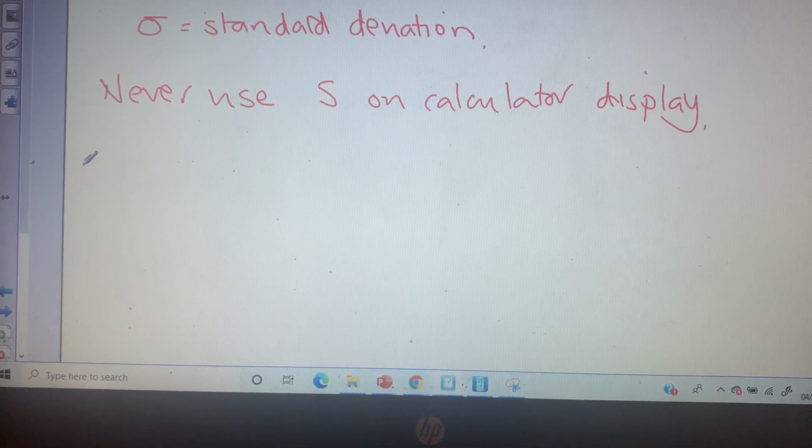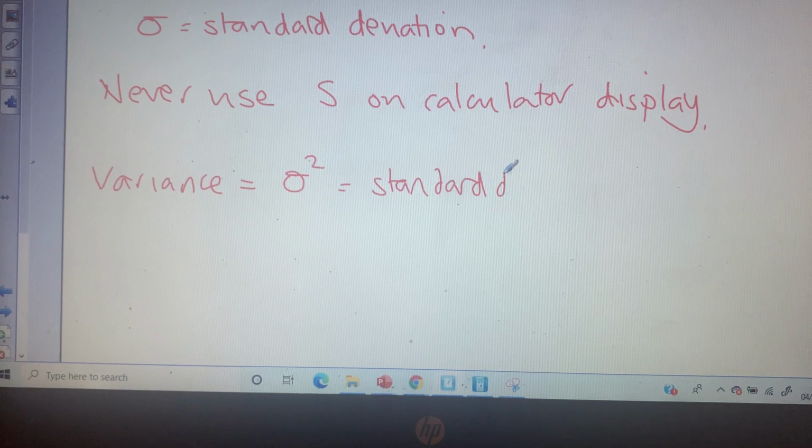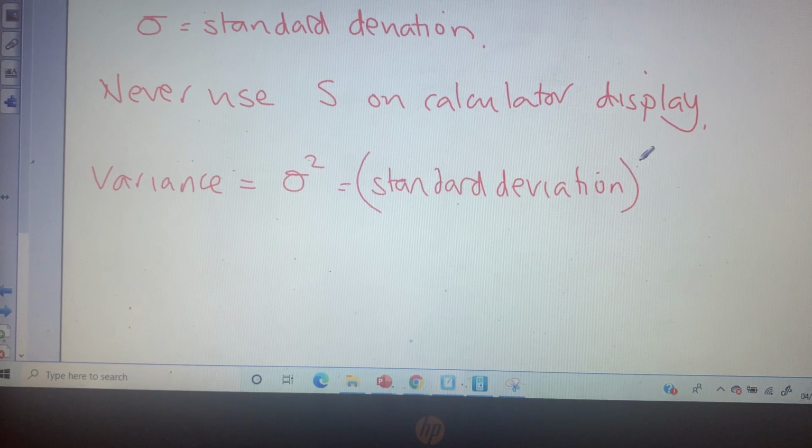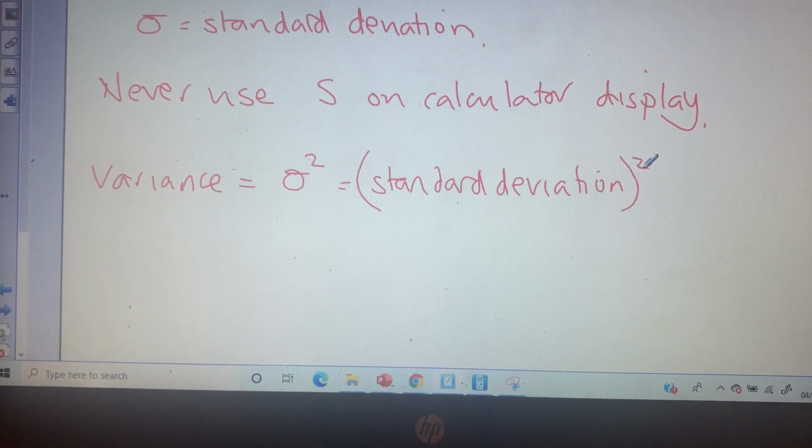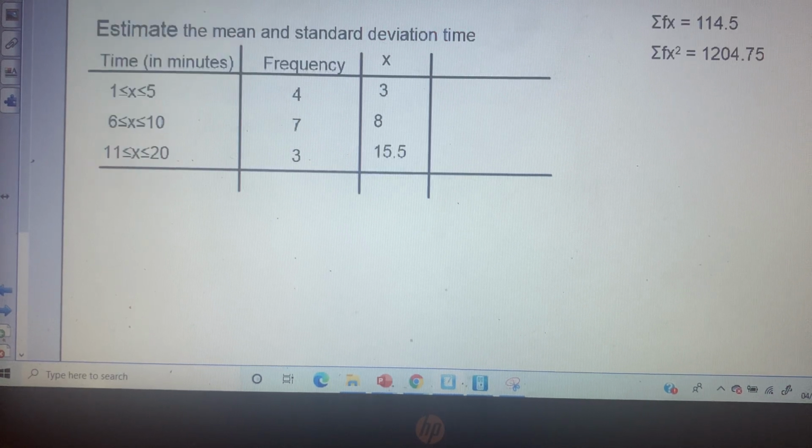And we need to remember, if it asks us for the variance, it's the standard deviation squared. The variance doesn't really mean anything. It's just convenient, it doesn't need the square root. So it's just the standard deviation squared.